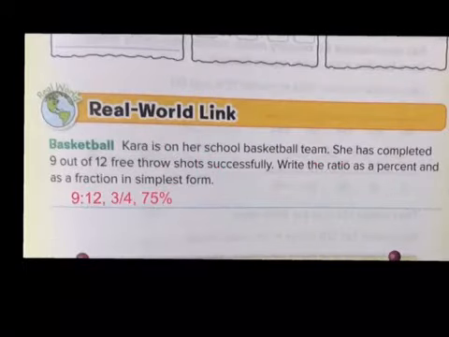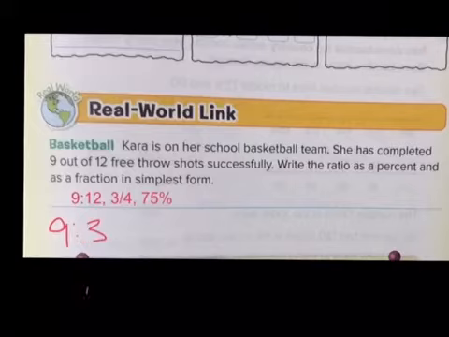So in short, our ratio is 9 to 12, 9 made out of 12. Really, if this were a true ratio, we would write it more like 9 and 3, because we would have 9 shots made and 3 shots missed, which would make it a true ratio because they're both separate numbers.